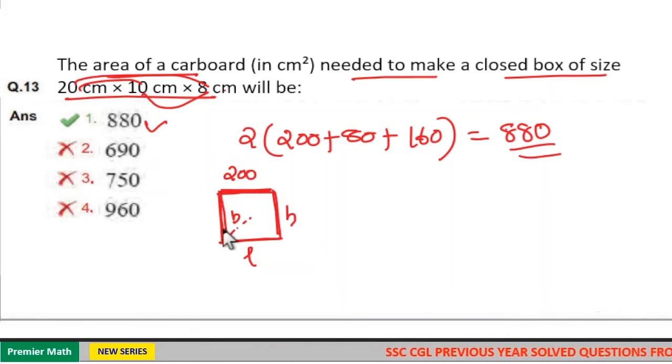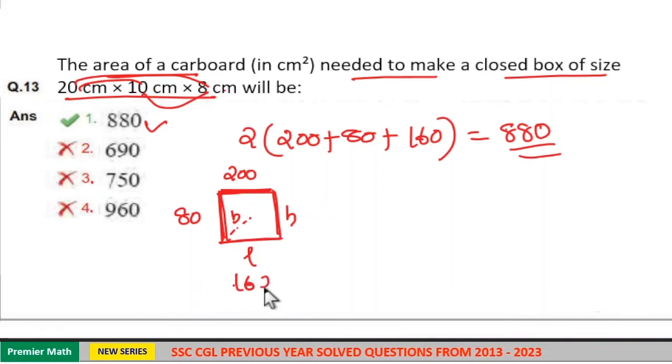And if you consider this left portion, which is equal to height into breadth is 10 into 8, 80. And if you consider the front portion, means length into height. Length into height is equal to 20 into 8, 160.